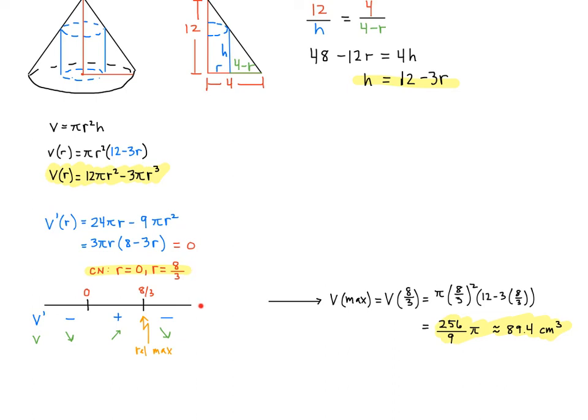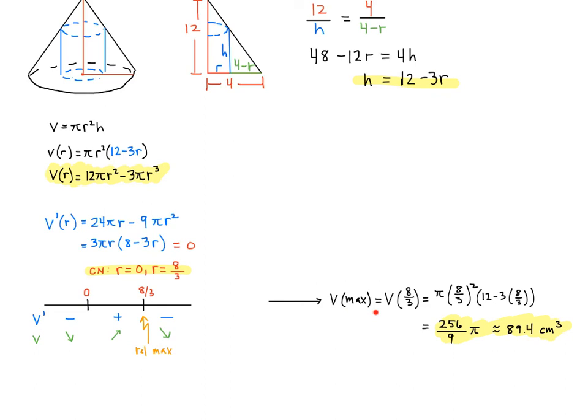So setting up our first derivative test, V prime is negative to the left of 0. It's positive between 0 and 8/3, and it's negative after 8/3. So our volume is decreasing, then increasing, then decreasing. So it tells us we have a relative maximum by the first derivative test at r equals 8/3.